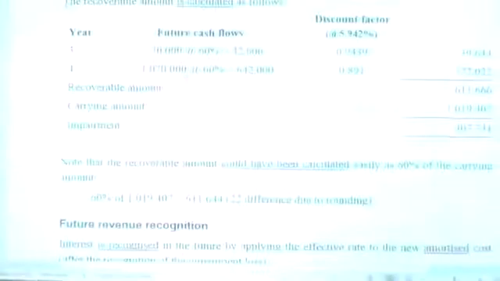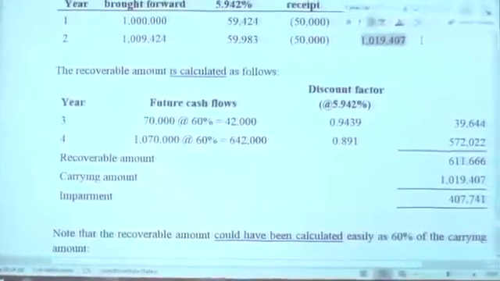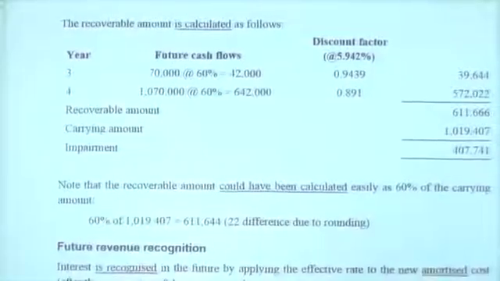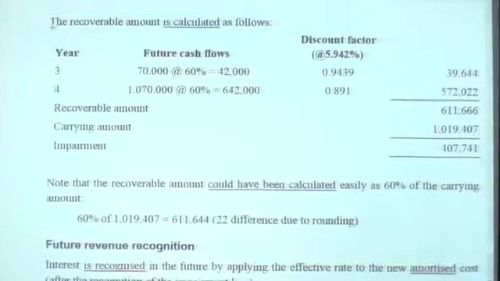Here, as I explained, this is the carrying value at the end of the second year, correct? Carrying value at the end of the second year. This is the recoverable value calculation, third year and fourth year expected cash flows. Only 60% will be able to be collected. Therefore, these are the real cash flows you will collect after impairment.